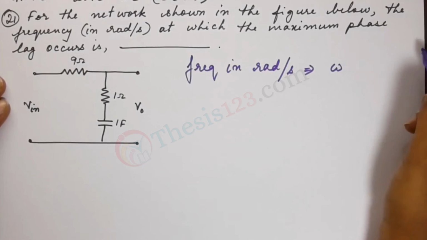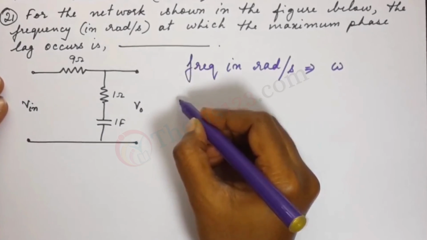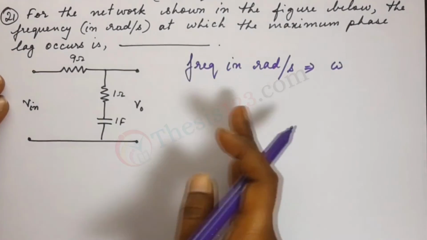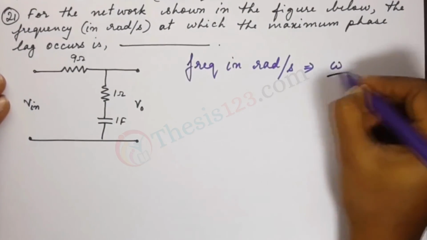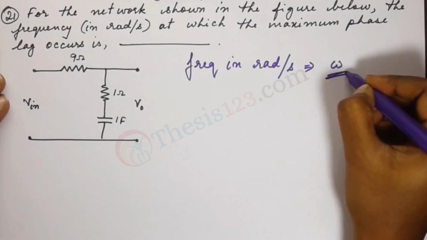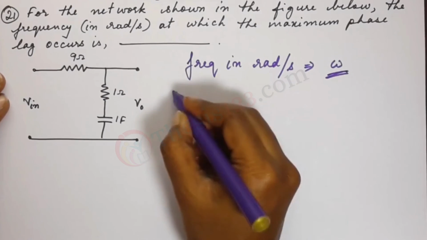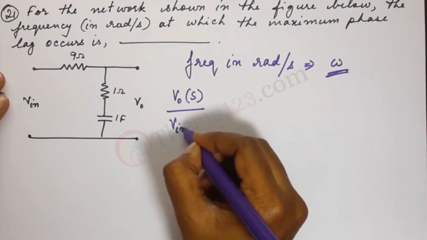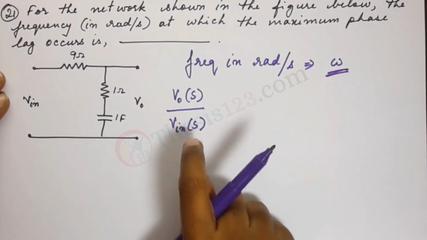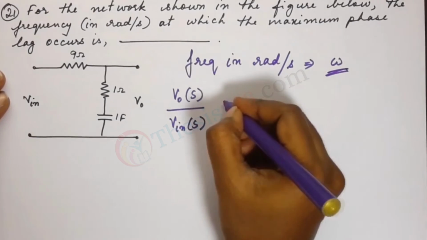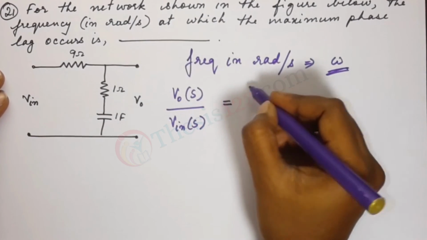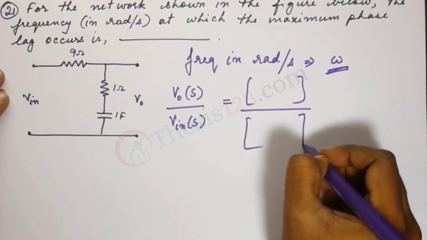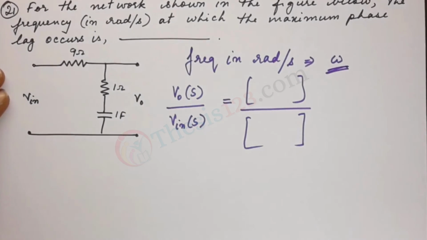And in order to do that, we would first need the ratio of the output to the input in terms of S. So that will help us find out what the angular frequency is. So V naught of S by V in of S is what we need to find out first. Alright, now let's look at the output here.